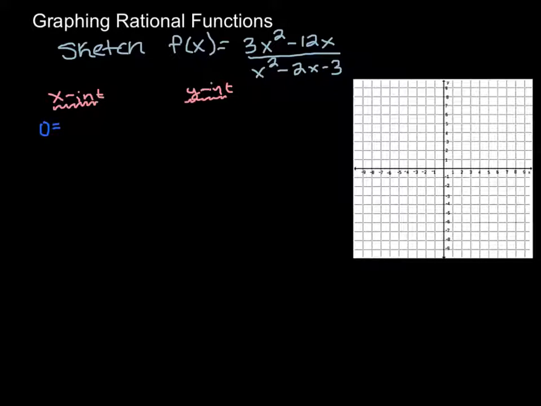So we have 0 equals 3x squared minus 12x over x squared minus 2x minus 3. And we want to solve for x. So what I would like to do is multiply both sides by what's on the bottom.